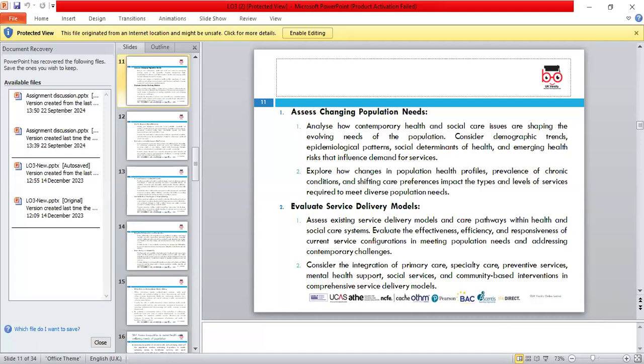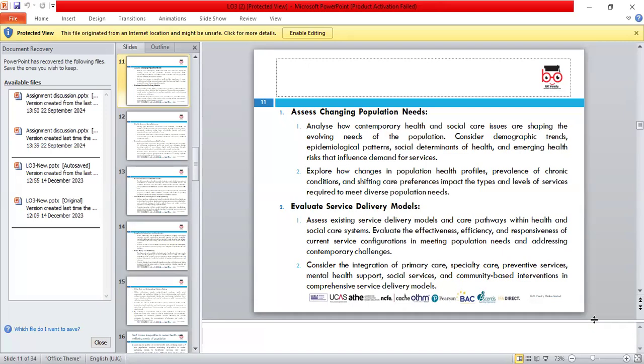Okay, so let's look at evaluating service delivery models. Assess existing service delivery models and care pathways within health and social care. Of course, we should be able to assess, which is very important, whether the services that we give are top notch or are falling behind in quality. So you need to assess those delivery models and pathways within the health and social care systems.